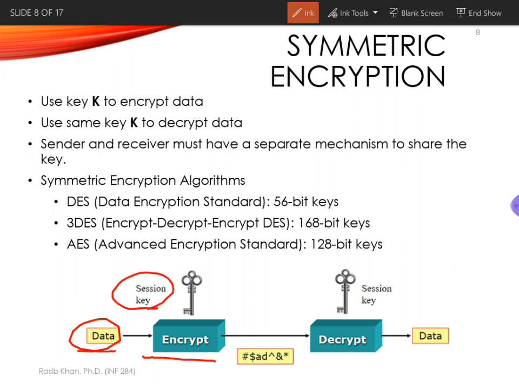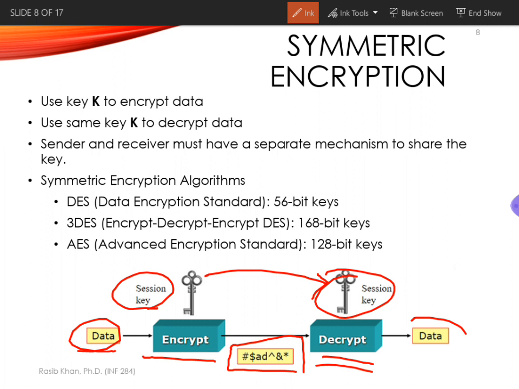Then the data becomes encrypted, and if you look at it, you cannot understand what it means. At the other end, the destination uses the same session key to decrypt the data and is then able to view the data in plain text.